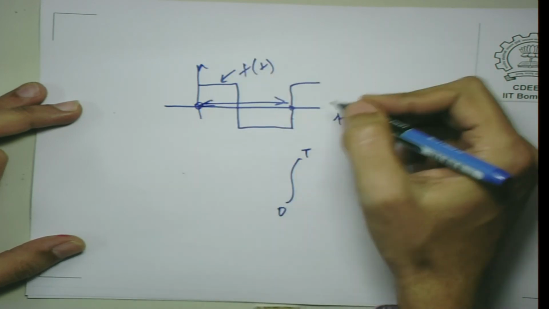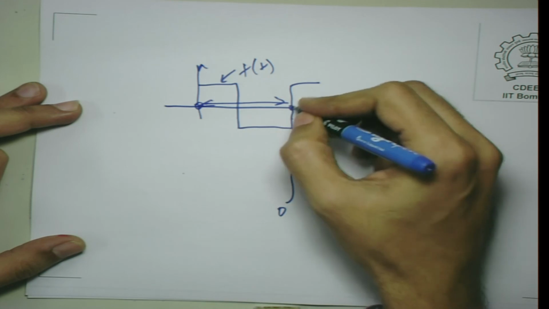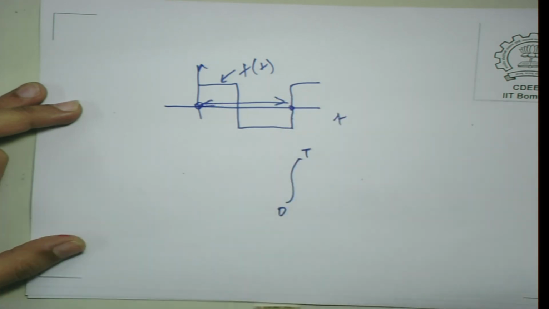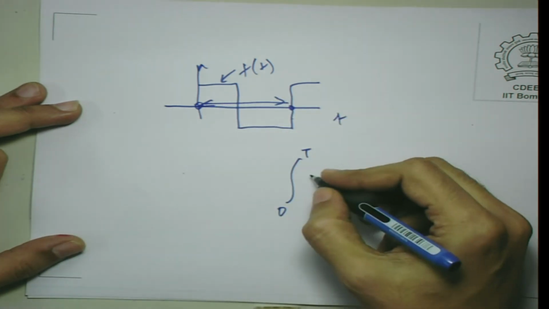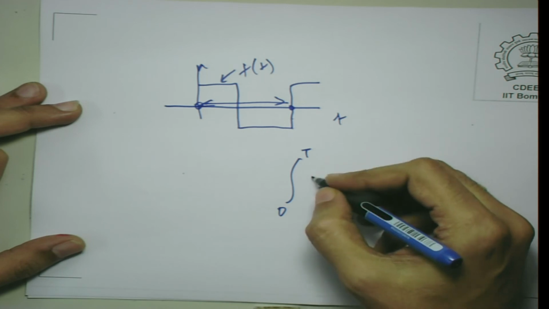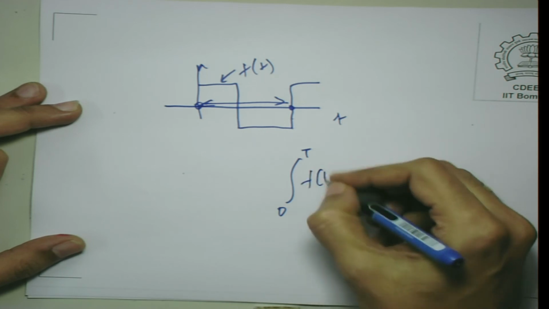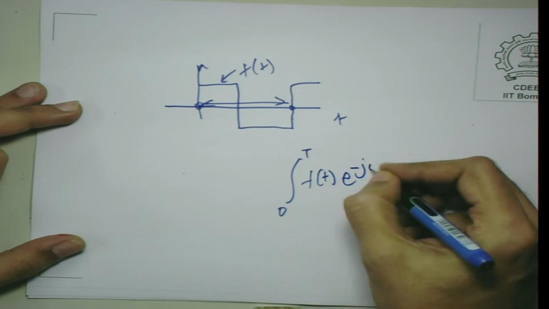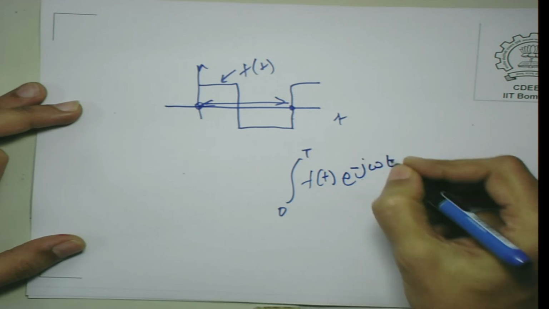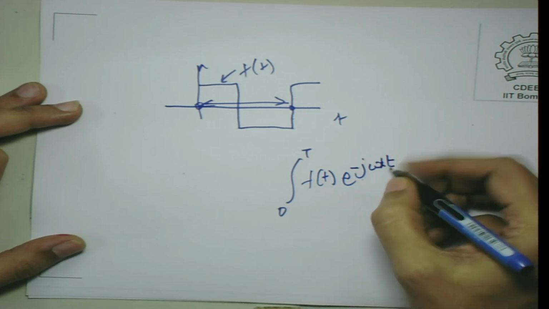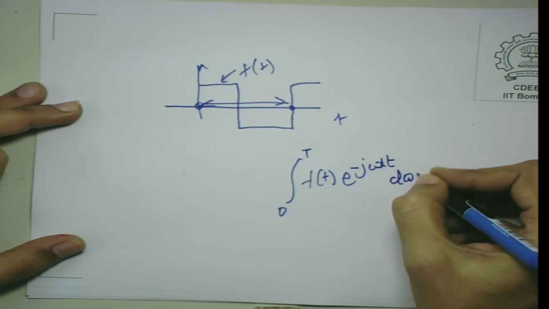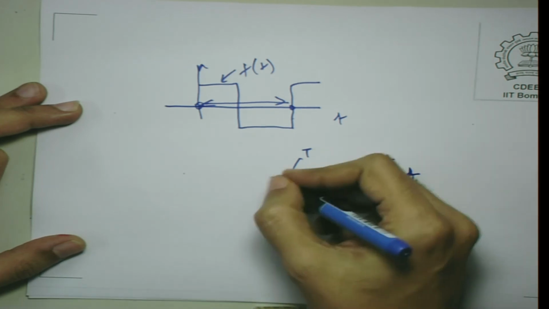Once it has reached periodic steady state, this is a steady state waveform. Remember, you have to exclude the natural transient, which dies down after some time, and then take f of t multiplied by e raised to minus j k omega t, dt, and then divided by T.